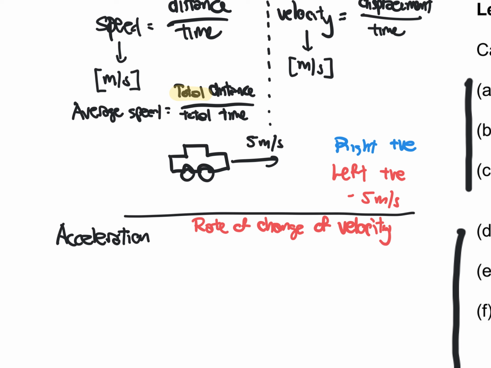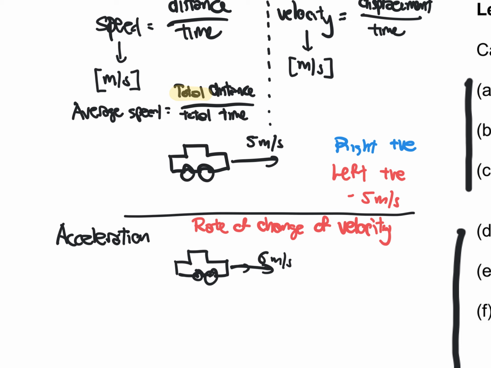So this information is important because if you were to look at the car on top, and then I were to look at another point in time when I see the same car, and that car now is moving at 6 meters per second. Now, the acceleration depends on how long it took to go from 5 meters per second to 6 meters per second.